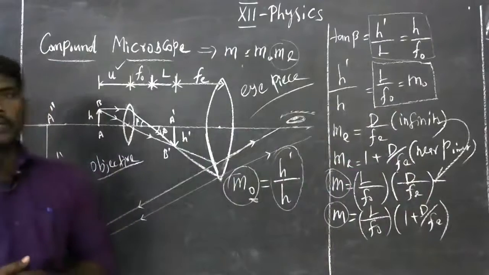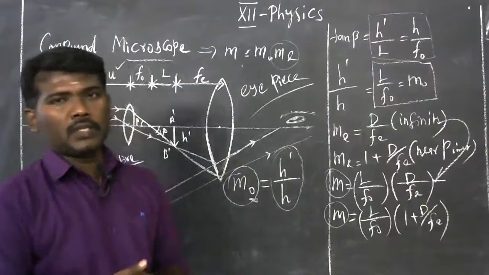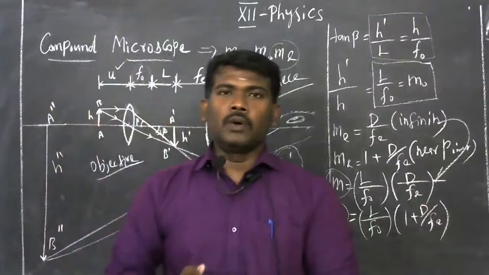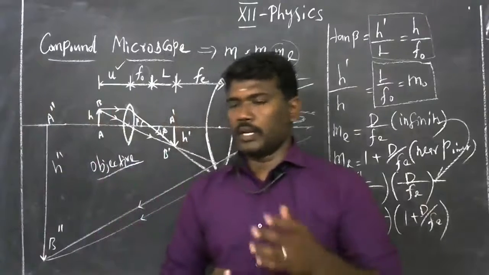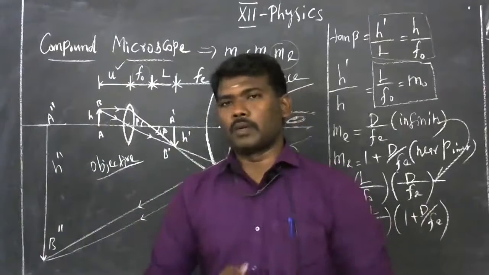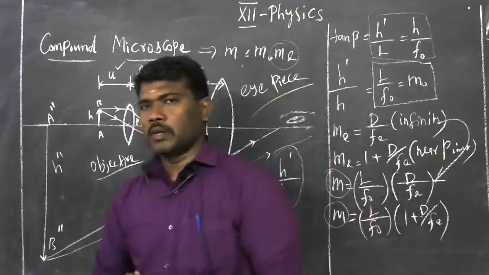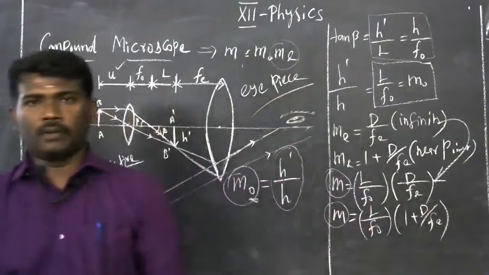And next we are going to see the astronomical telescope. Mostly we are using two different types of telescope: one is the astronomical telescope and the other is the terrestrial telescope.